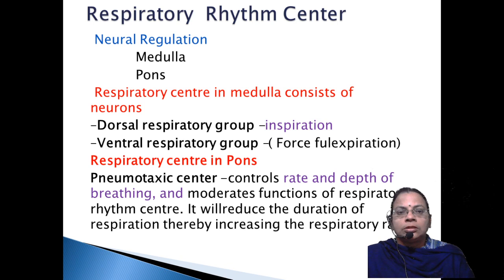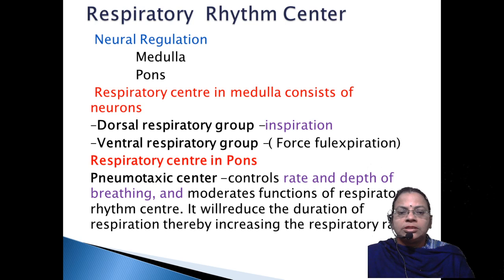That is a set of receptors which are present in the artery. That is two arteries, aortic arch and carotid branch.